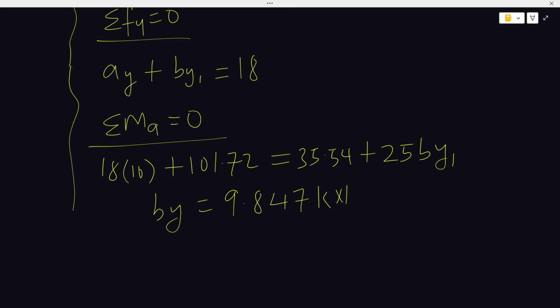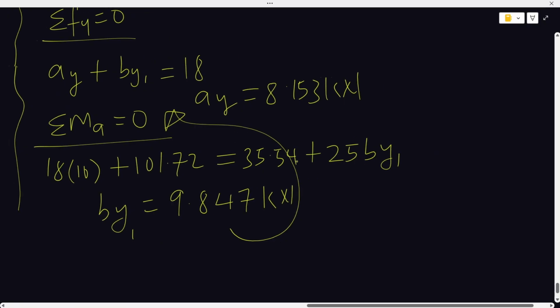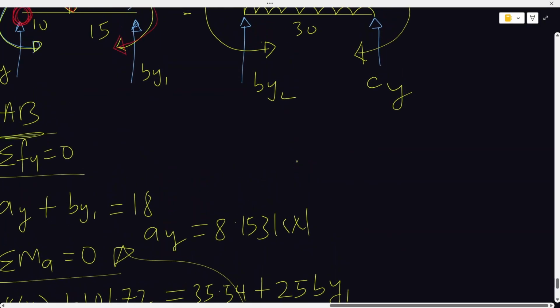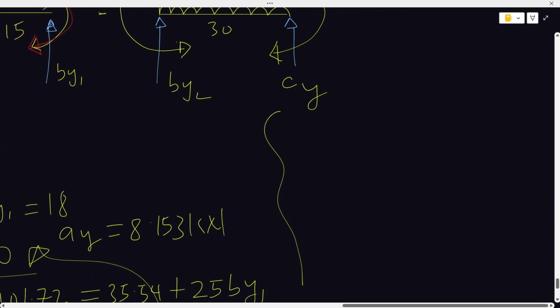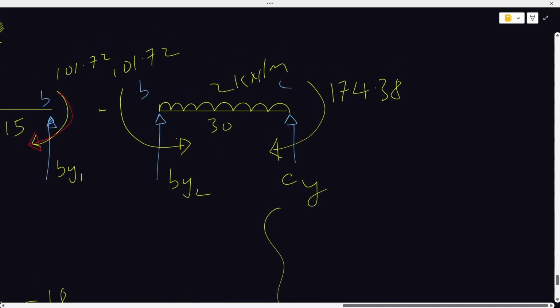Then I can substitute it back here, and I'll obtain AY to be 8.153 kilonewtons.